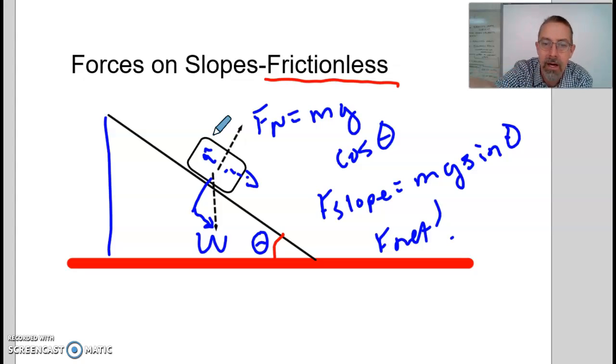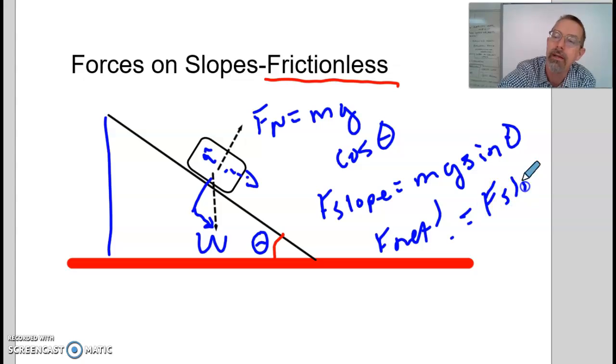As I lift something up a slope, static friction is what prevents it from sliding down the slope, and kinetic friction is what retards its motion as it accelerates, because it limits the net force. My net force is going to equal the force down the slope, mg sine theta, minus my force of friction.